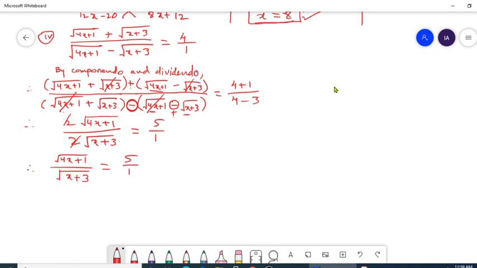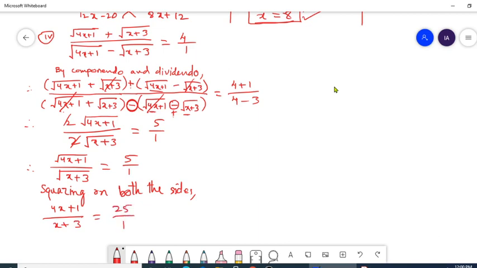Now we can do squaring on both the sides. So when you do squaring on the left hand side, you will be left with 4x plus 1 upon x plus 3, and on the right hand side it will become 25 upon 1.